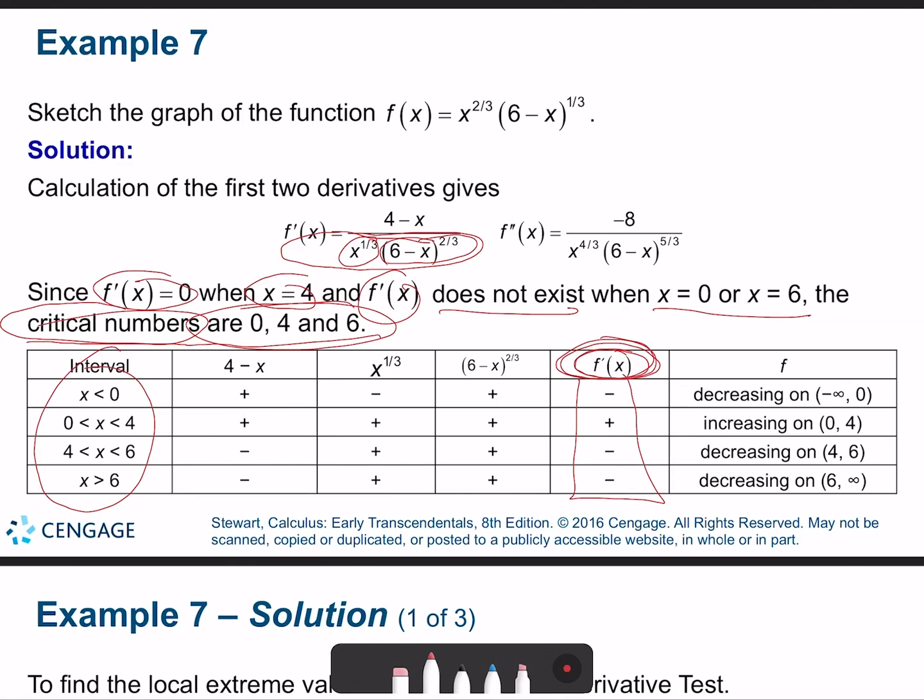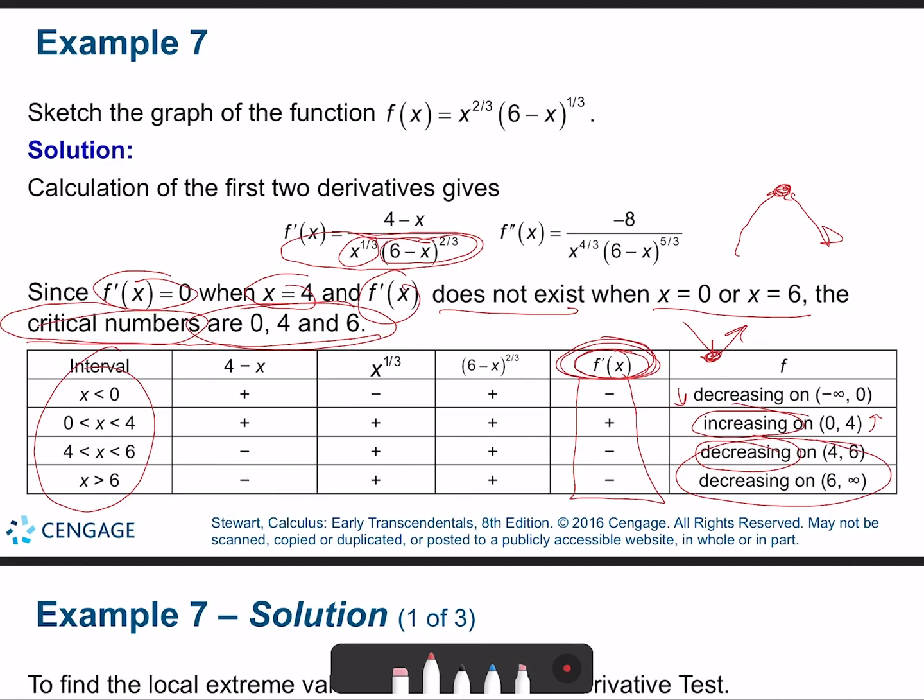If here I'm decreasing and here I'm increasing, what kind of a point are we talking about? If I'm going downhill and then all of a sudden I start going uphill, what kind of a point is this? I vote for a minimum. If I'm increasing and then I start decreasing, I've hit the top of a hill, probably a maximum right there.